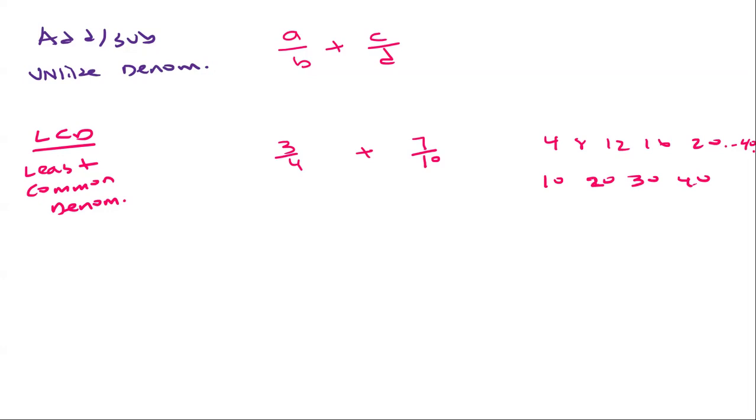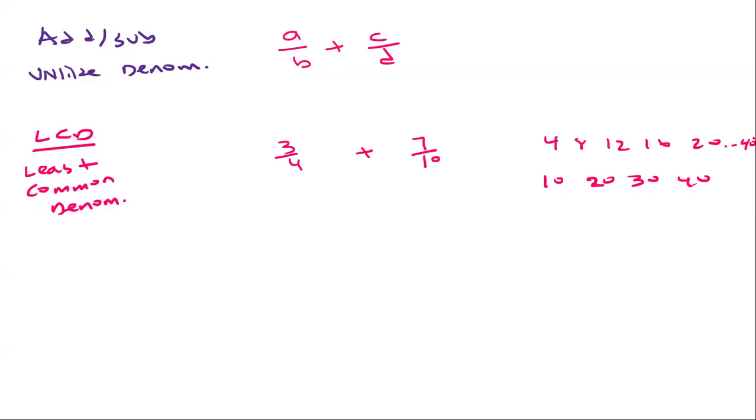And you can do that, but you have to do a little bit more work. And it gets pretty complicated when we have more complex rational functions. Okay. So you want to make sure to get the least common denominator so you don't have to do more work in the process.